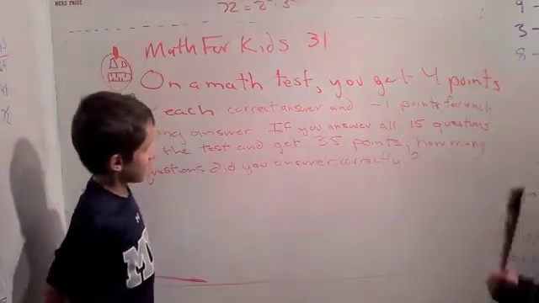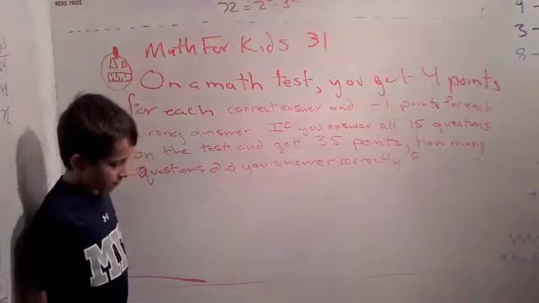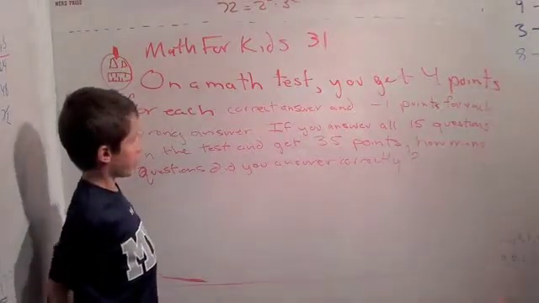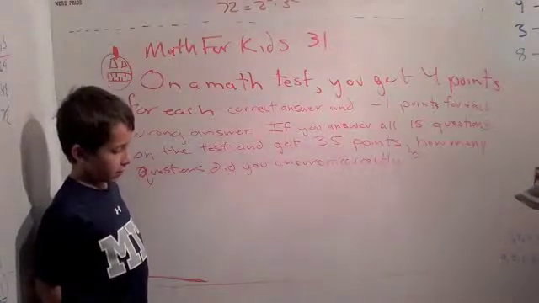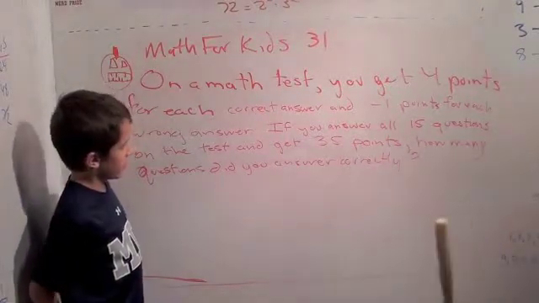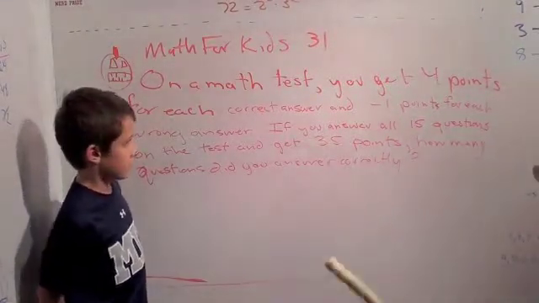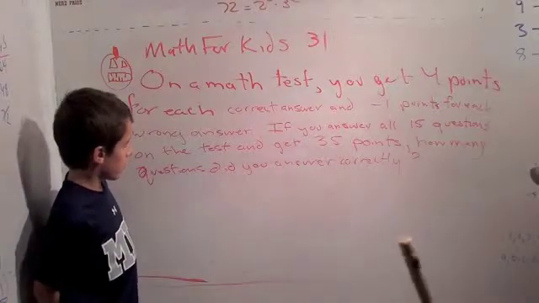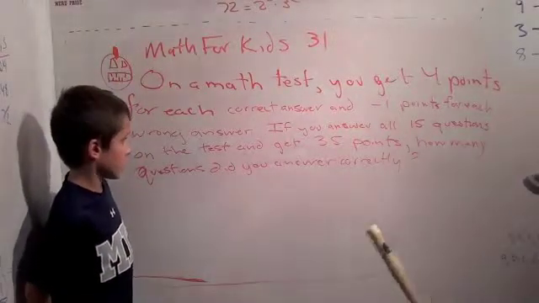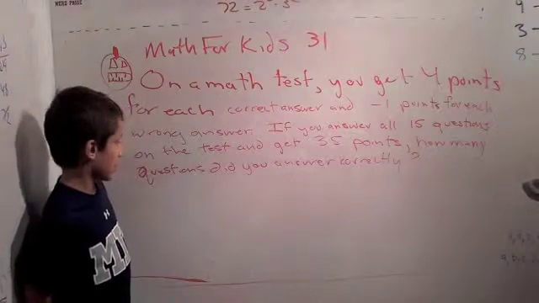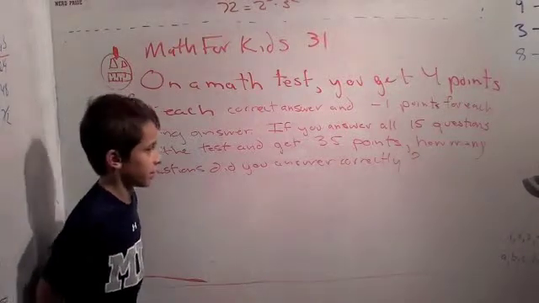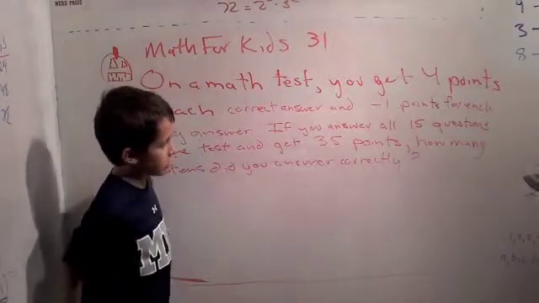Well, we have a math test. We get +4 points if we get one correct, and one point is subtracted if you get a wrong answer. And if we answer all 15 questions and get 35 points, how many questions did you answer correctly?